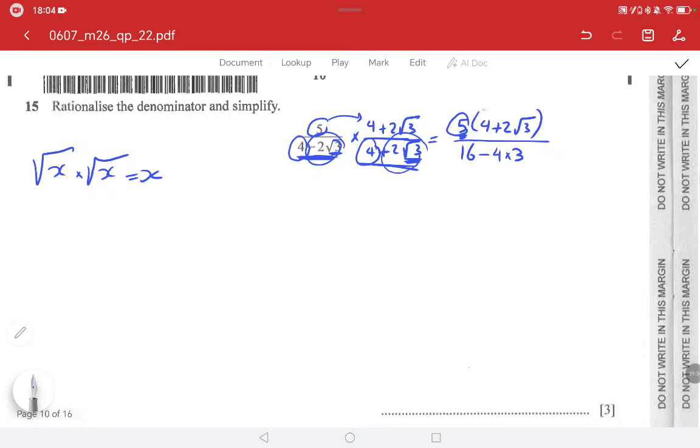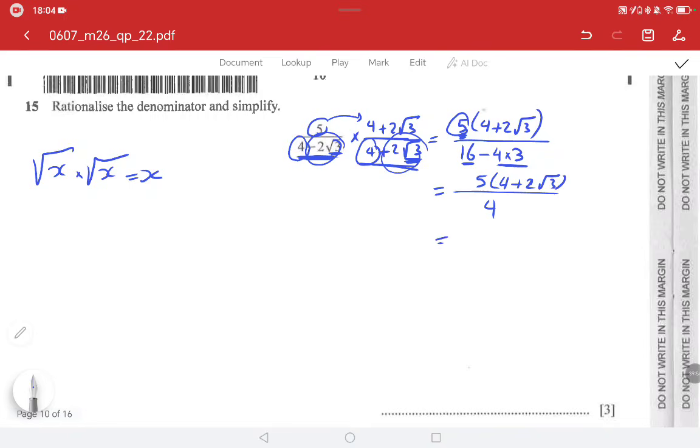Okay, this is in square root only. I'm not talking about cubic root. So in this case, what we have is 16 minus 12. So this one is 4, and here 5 times the bracket 4 plus 2 square root of 3.